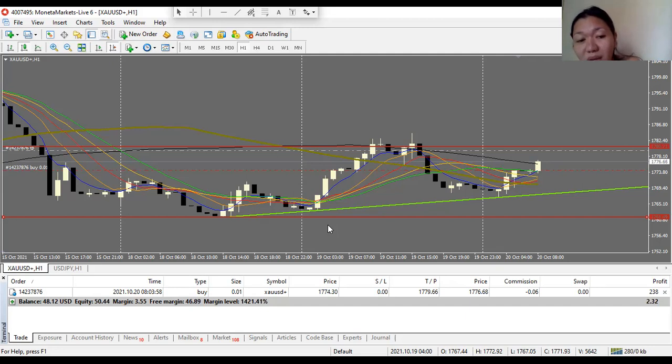So assuming that I had $100 here, $1,000 here, and I was trading $1 per pip, I would be making $238 by now, because my profit is around 230 pips. My lot size is 1 cent.